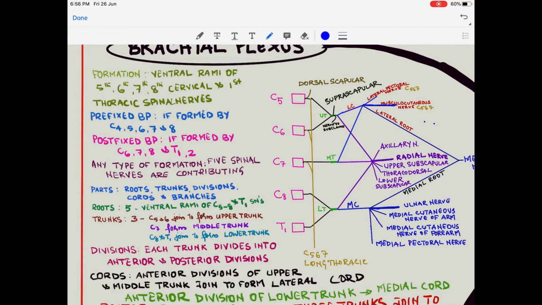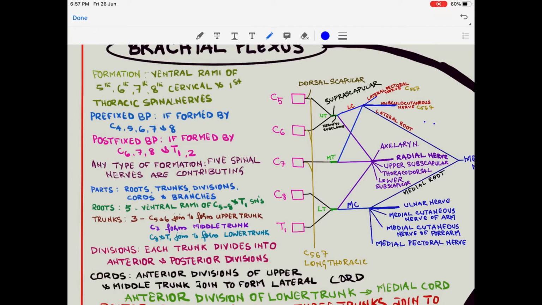So the musculocutaneous nerve supplies the anterior compartment of arm muscles, that is biceps brachii, brachialis and coracobrachialis. Lateral pectoral nerve supplies the pectoral muscles, that is pectoralis minor and major. The lateral root of median nerve, along with the medial root, forms the median nerve.